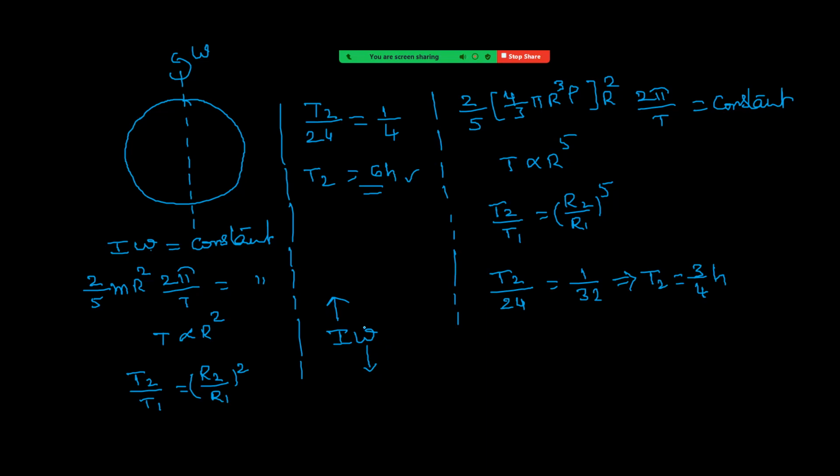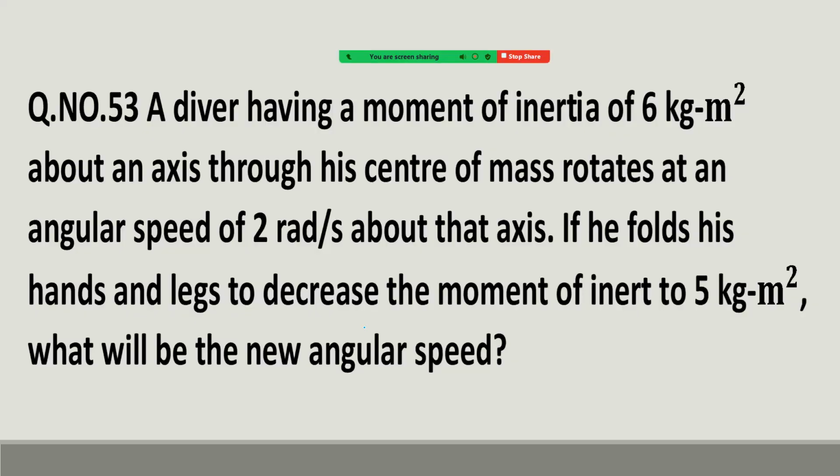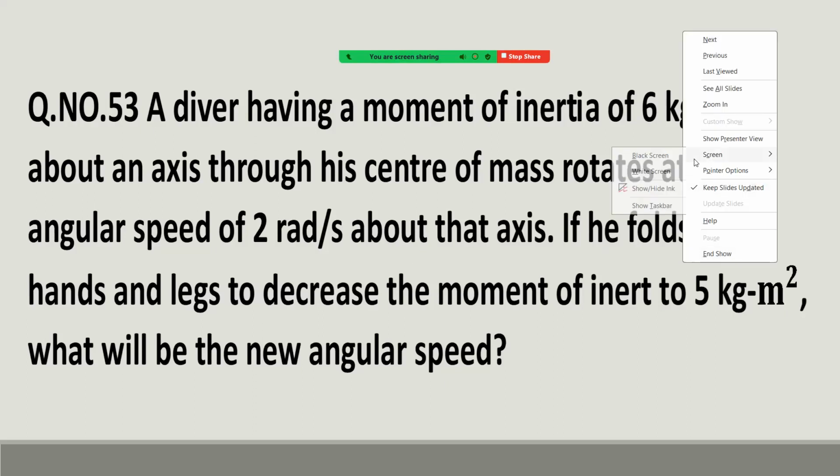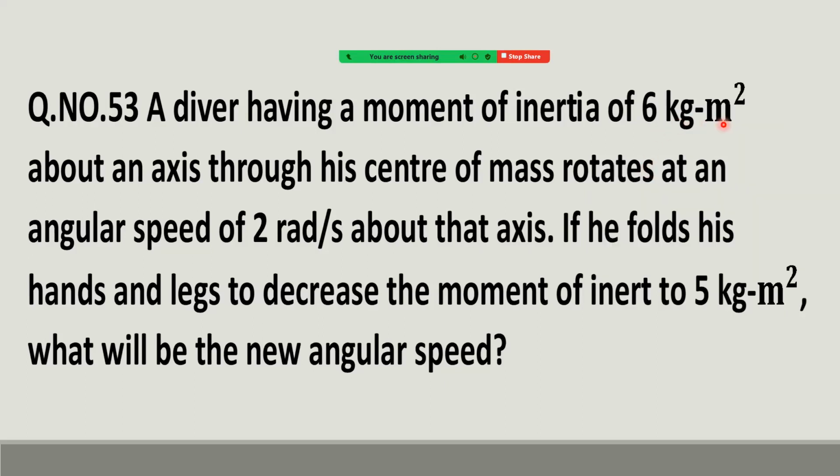Okay, let us see the next problem. A diver having moment of inertia 6 kg meter square. Diver means a person who is jumping into a swimming pool, right? Jumping into water.